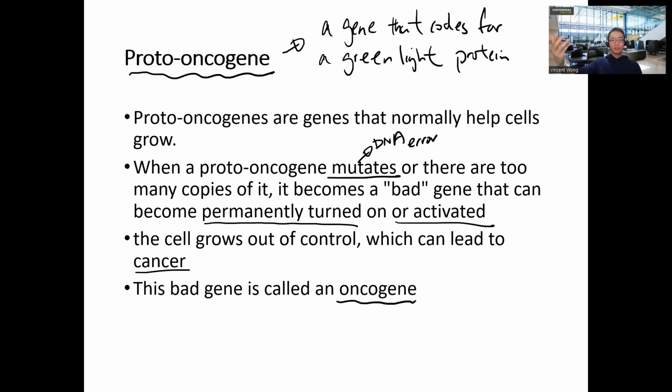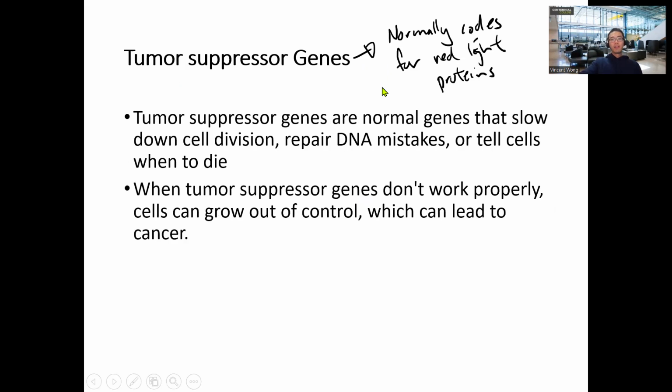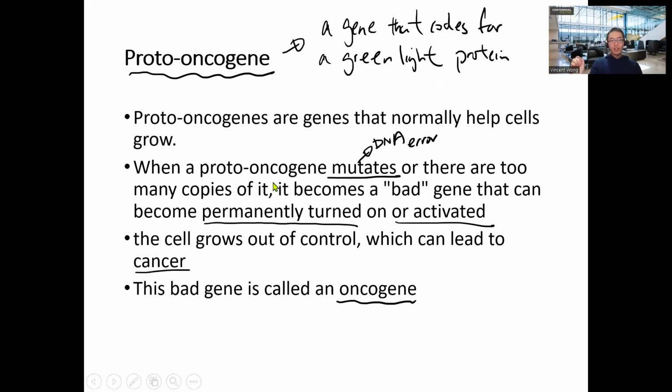This is a red light that never turns on, so it essentially has lost its function. It's not able to turn on at all. The oncogene hasn't lost its function. In fact, the function is always on. So we call this a gain of function mutation. I think it's also coming up in a bit, but let's just write down here: gain of function mutation, always on.